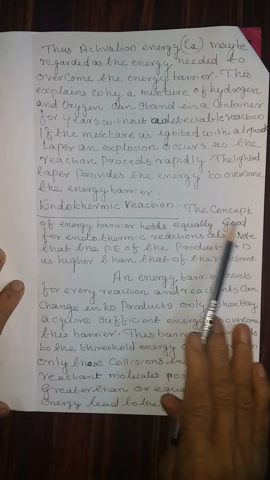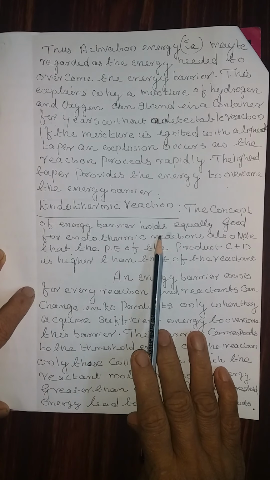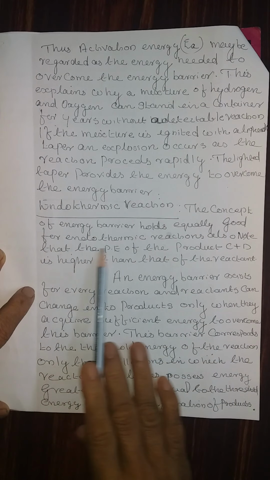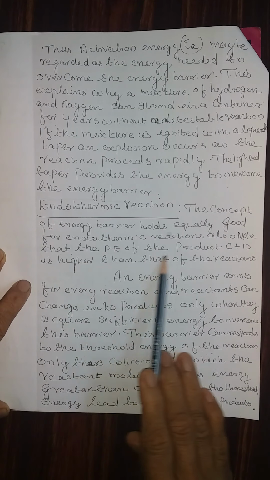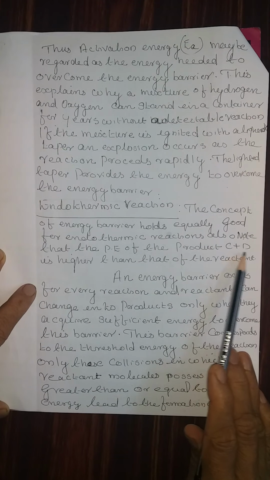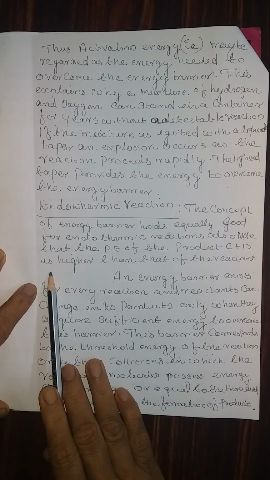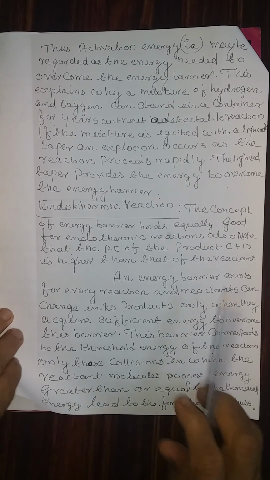Endothermic reaction. The concept of energy barrier holds equally good for endothermic reactions also. Note that the potential energy of the product C plus D is higher than that of the reactant. That is in the second case.